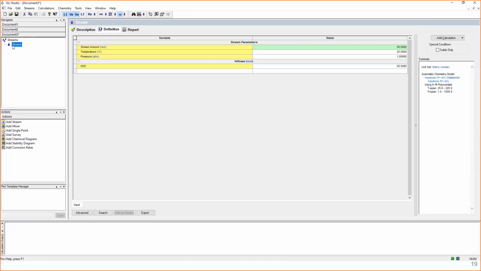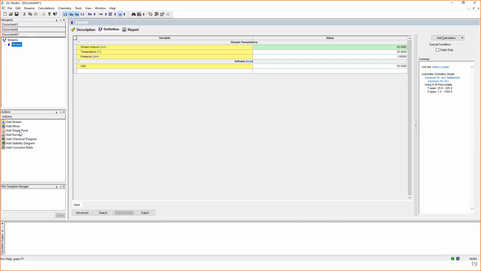When you're at the stream level, you can always change units, you can always change the name of how you want to represent these components, you can always change the thermodynamic framework. A lot of options. You can always change anything at the stream level. If you want to perform a calculation on this stream, then we have different calculations.